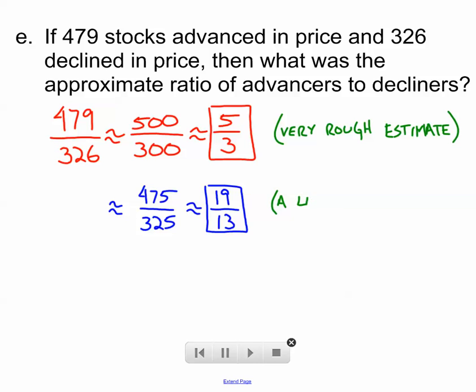And that's a little more accurate, a little closer to the actual, but maybe not as useful. This one's a lot simpler to look at, but it's a lot rougher of an estimate.